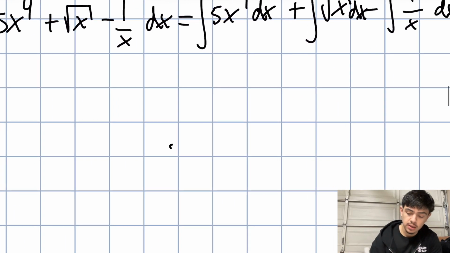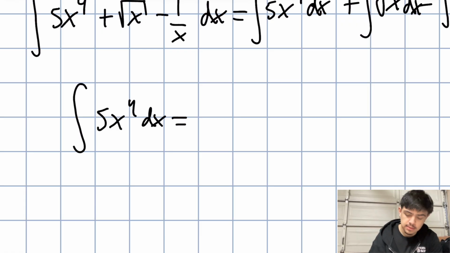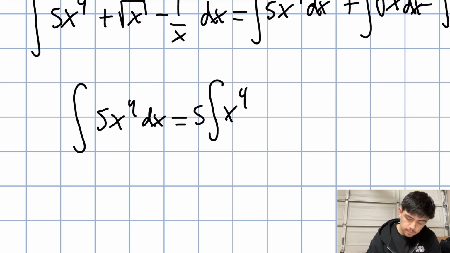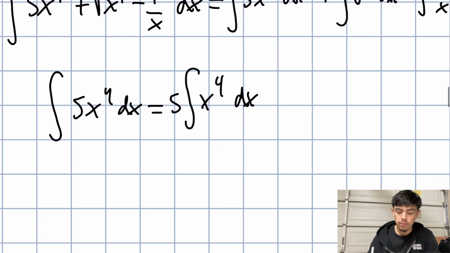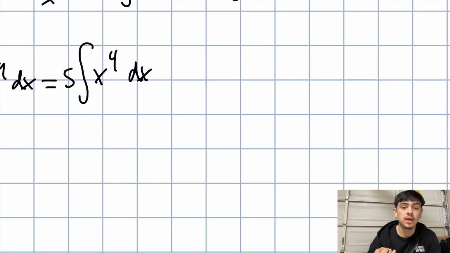5x to the 4th, right? That shouldn't be too bad. We know how to do that. So we have the integral of 5x to the 4th dx. Remember, constant multiple rule, bring out the 5. Now we have a pretty clean function to integrate, just x to the 4th. Reverse power rule again, right? We have x to some power n.